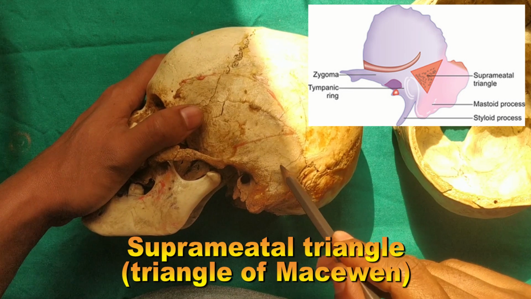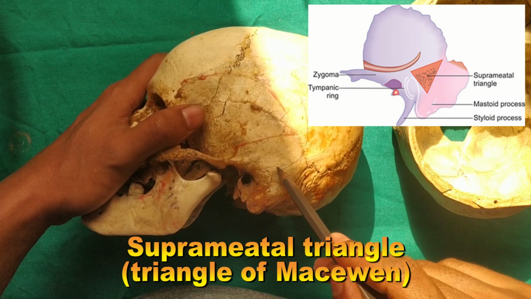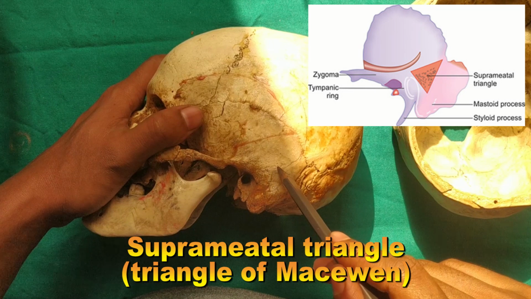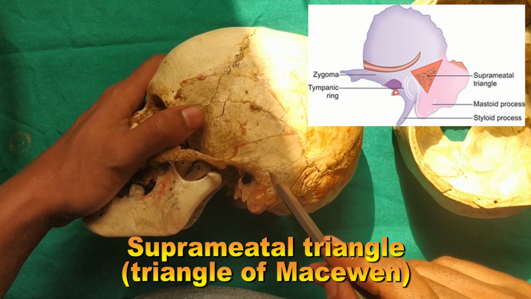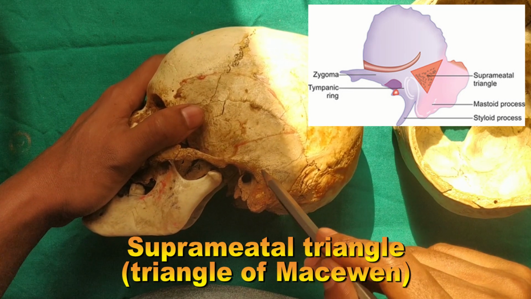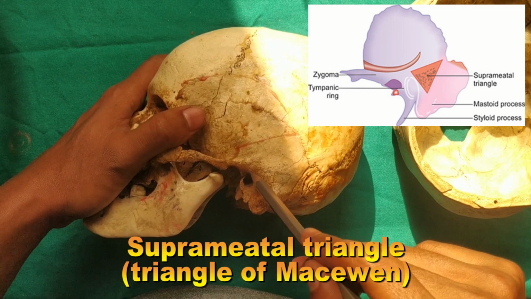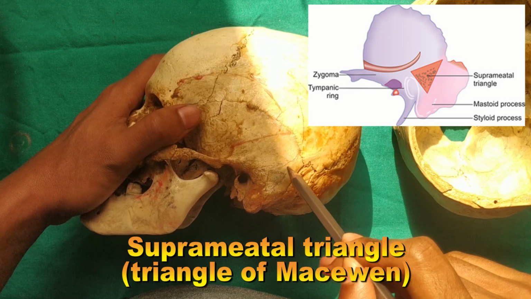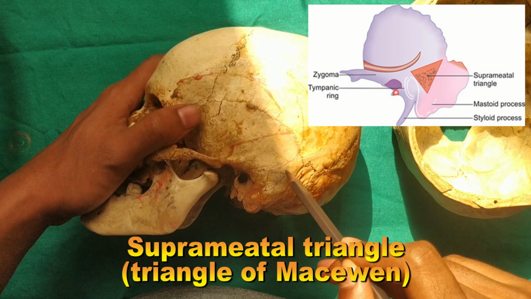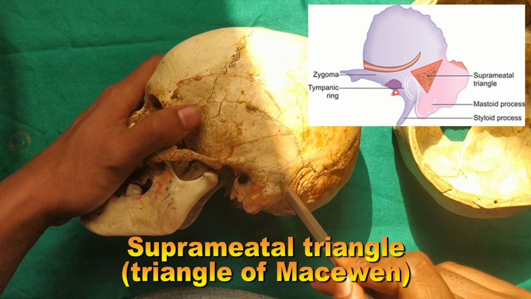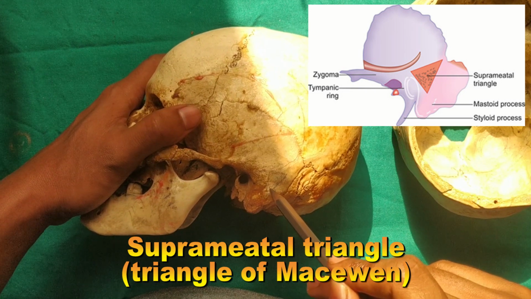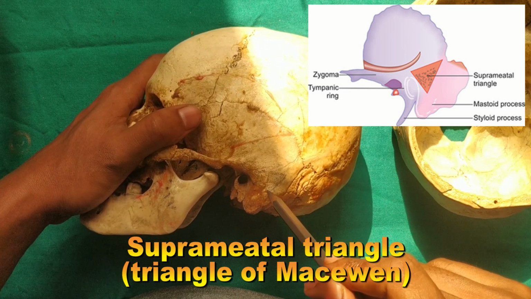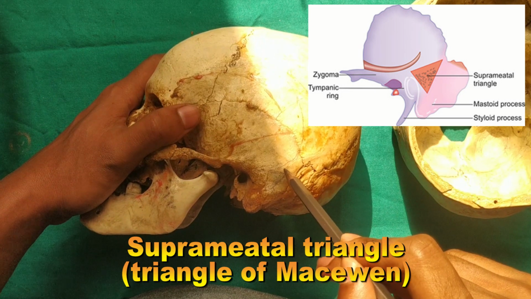You can see here this crest is called the supramastoid crest, which bounds the superior part of this triangle, and in front by the posterior superior margin of the external acoustic meatus, and behind by a vertical tangent to the posterior margin of the meatus. You can see a vertical tangent here. This tangent forms the posterior boundary of this triangle.